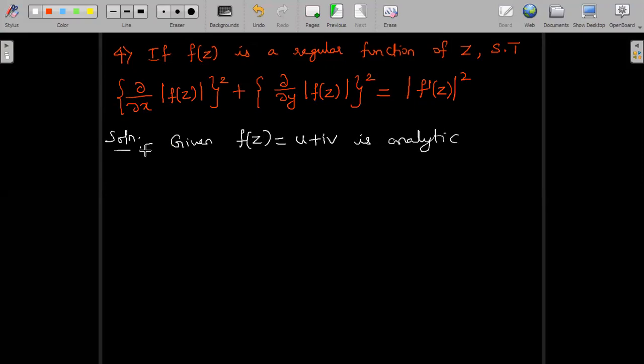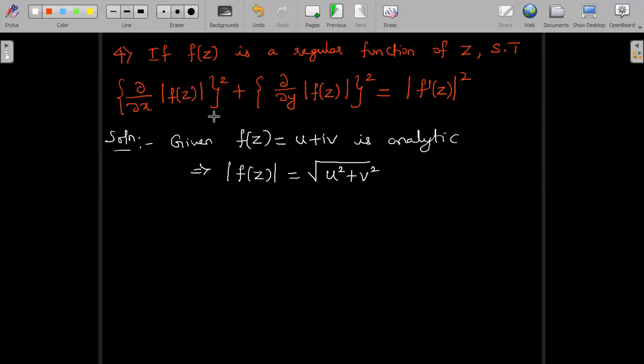Of course, again we require mod f of z. Looking into the LHS part, there is a modulus function, so square root of u square plus v square. Here we are not going to square this, because the whole square term, dou by dou x of mod f of z whole square, already exists here.